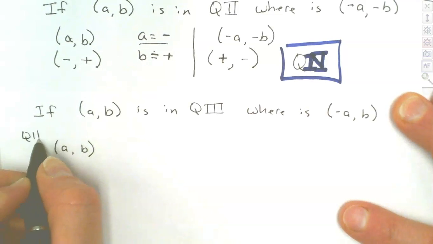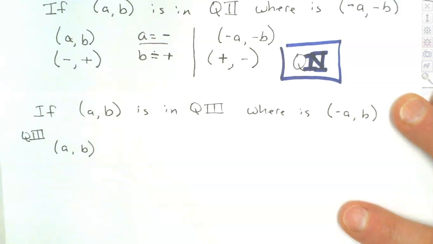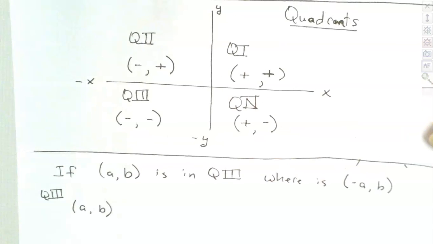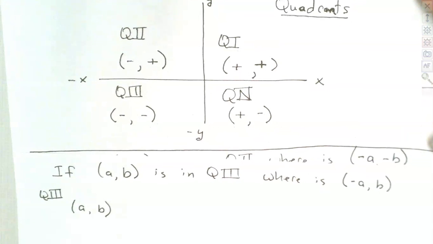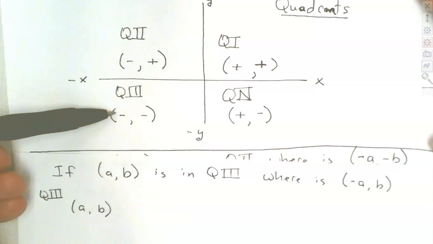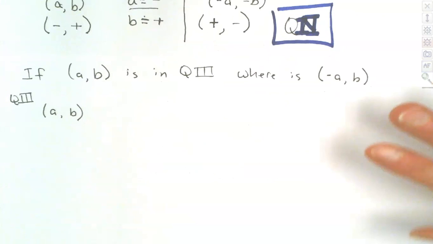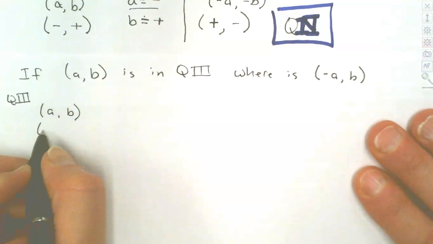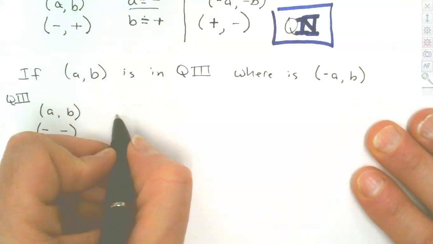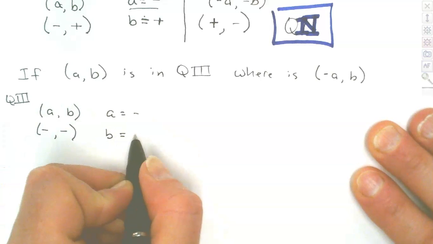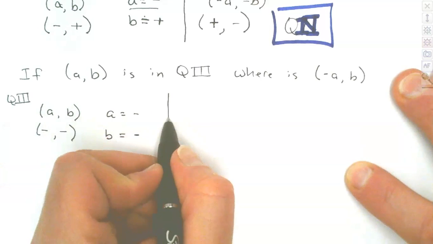So how do the signs go for quadrant 3? If we go back up and look here, in quadrant 3 they are both negative. So that means that A is a negative number and B is a negative number.